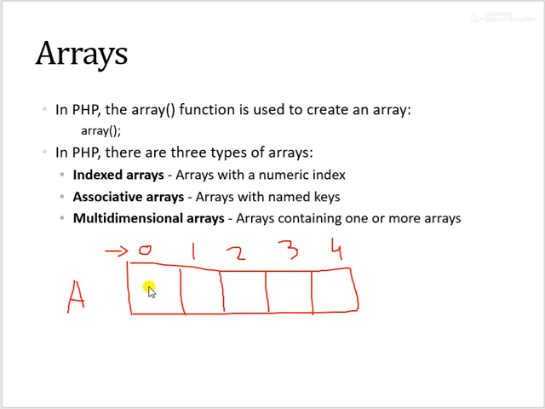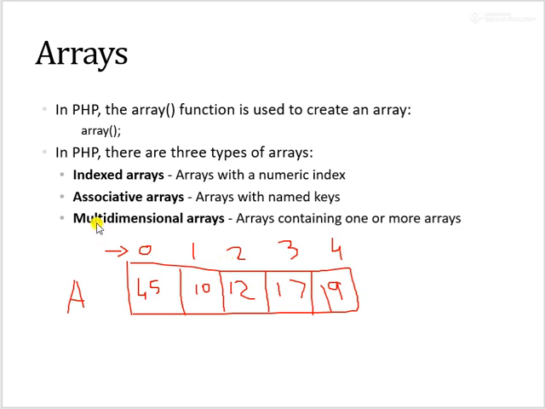If it is an integer type array, we can have different values over here. Okay, so this is the index and this is the value. So in an indexed array, arrays have a numeric index, like you are already familiar with in C++.